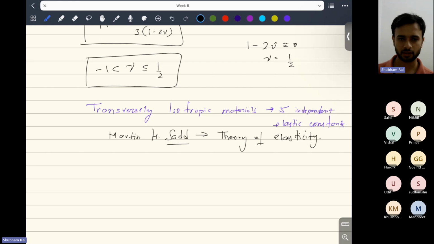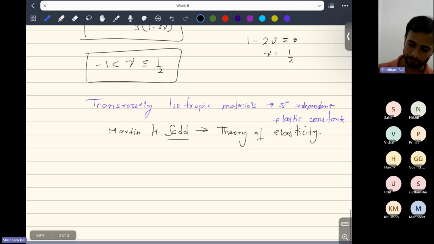Ajit sir has also written a book, which is a very good book for undergraduates. But this Martin Sadd book is for postgraduates, so you can only see the things which are relevant to your understanding. Anyway, okay.